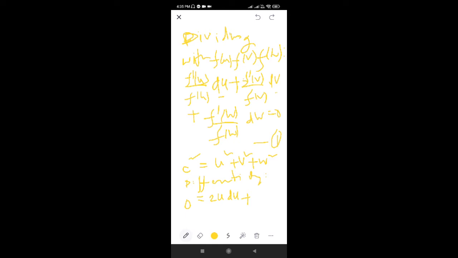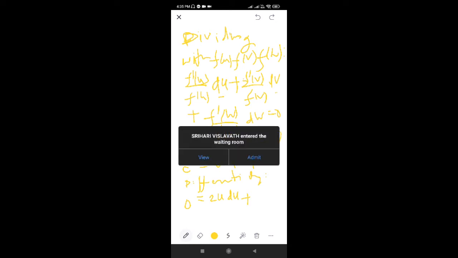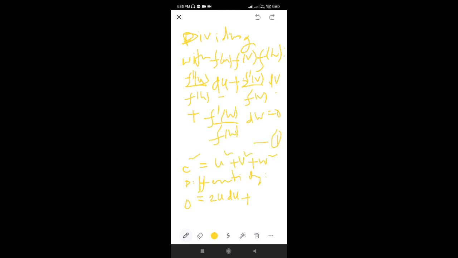Just take d on this side, d on that side. Differentiating means d of c square is equal to d of u square plus v square plus w square. Now c square is constant, so put 0.